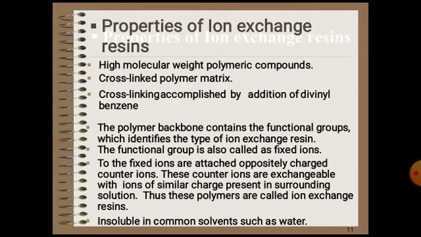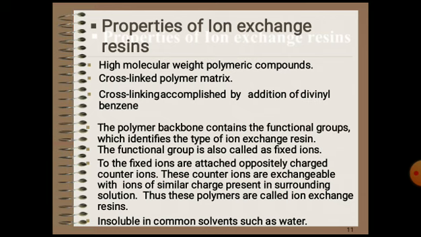So next, what are the different properties? It is a high molecular weight polymeric compound with a cross-linked polymer matrix, cross-linking accomplished by addition of divinyl benzene. The polymer backbone contains the functional groups which identify the type of ion exchange resin. The functional group is also called fixed ions.